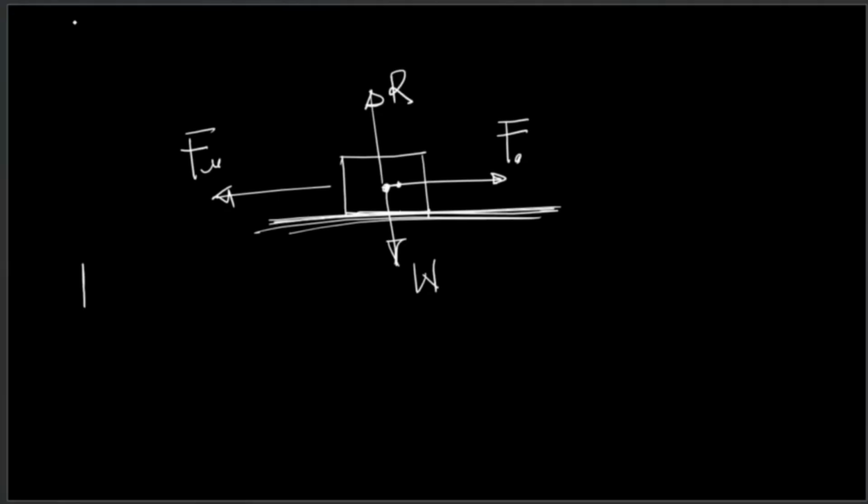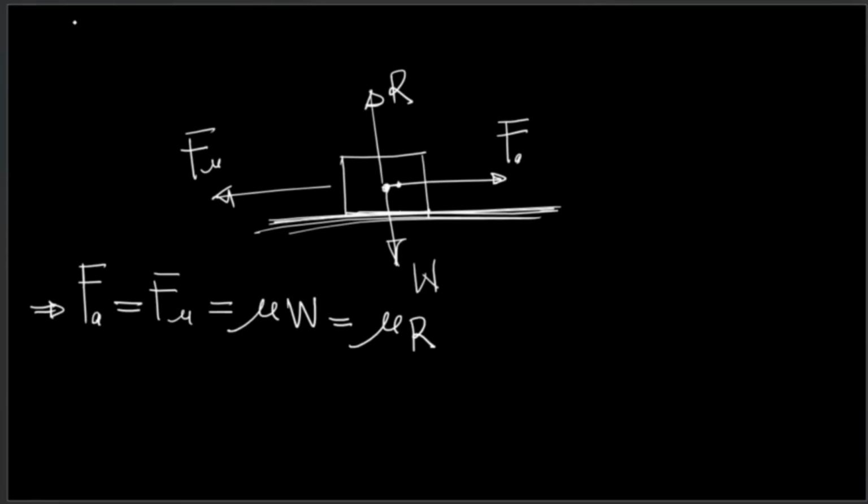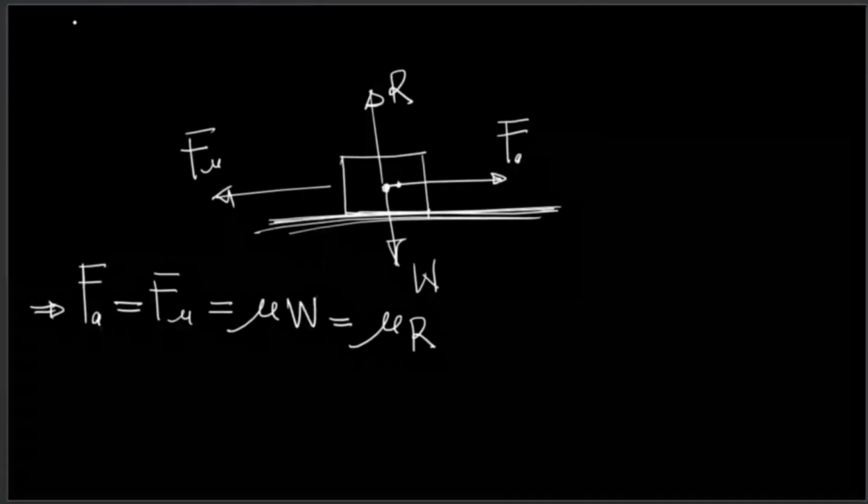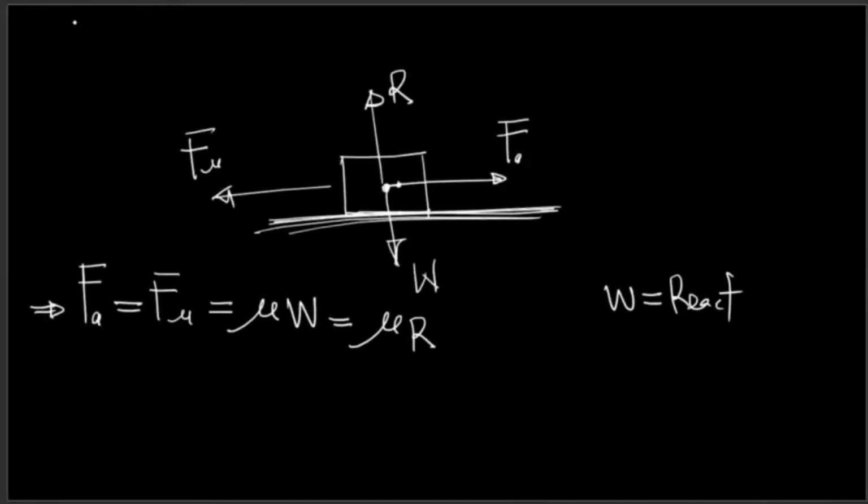So we can easily deduce that the frictional force is equal to the coefficient of friction between the body and the surface multiplied by the weight. This can also be written as the coefficient of friction multiplied by the reaction. The weight is the action and R is the reaction. So the weight and the reaction are taken to be the same.